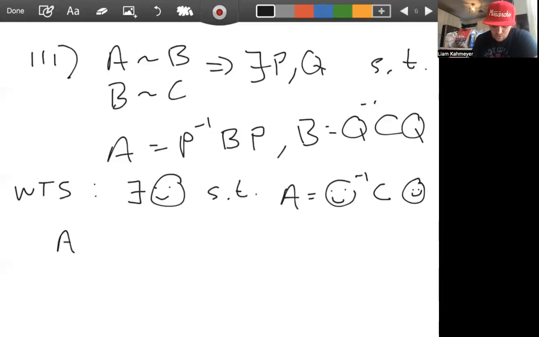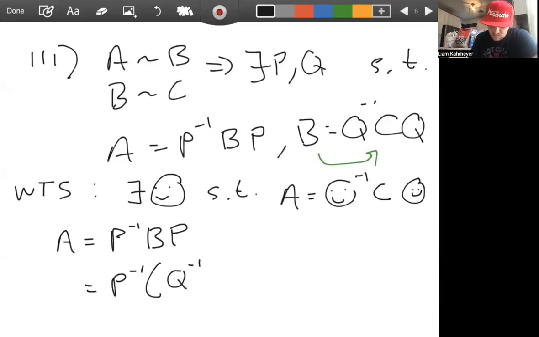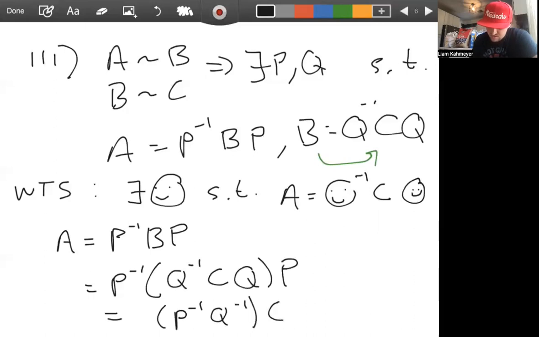Well, what do we know? We always start with what we know. A is P inverse B P, since A is similar to B, but B is similar to C. So we could replace B by Q inverse C Q, giving P inverse Q inverse C Q P. Then by the associativity of matrix multiplication, this turns into P inverse Q inverse times C times QP.